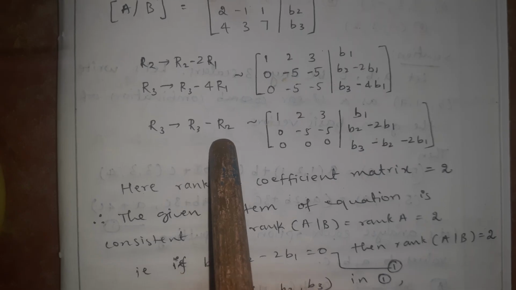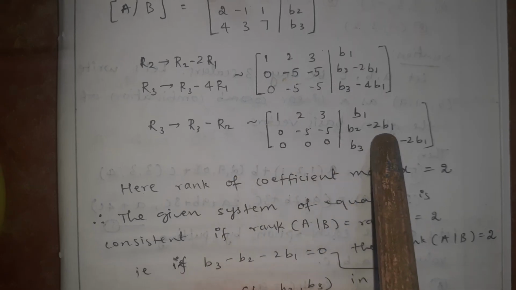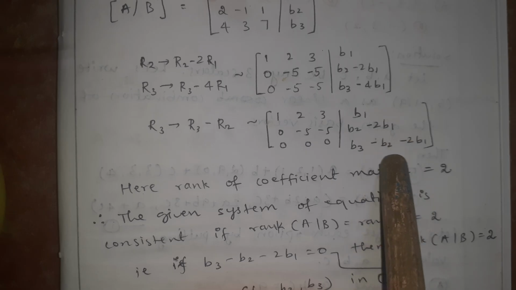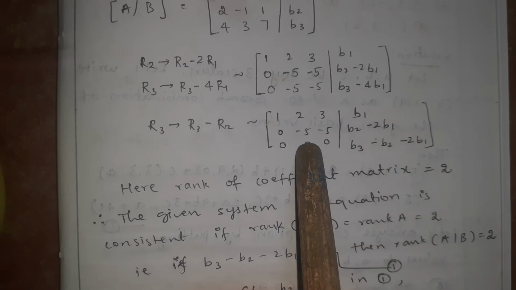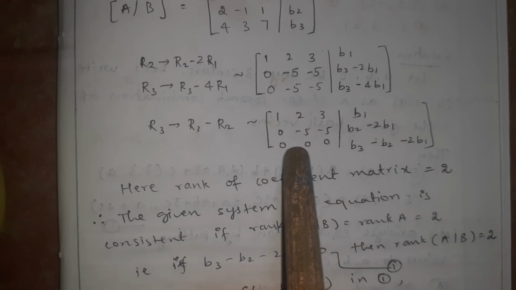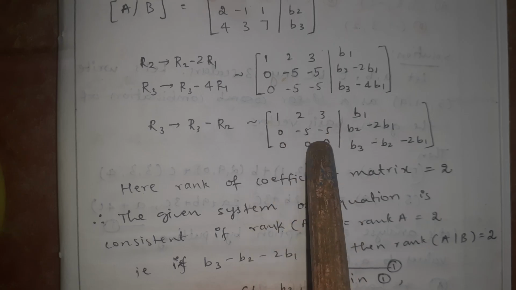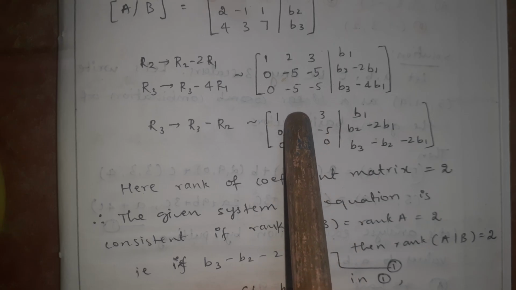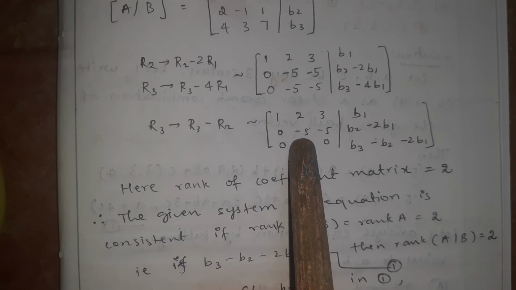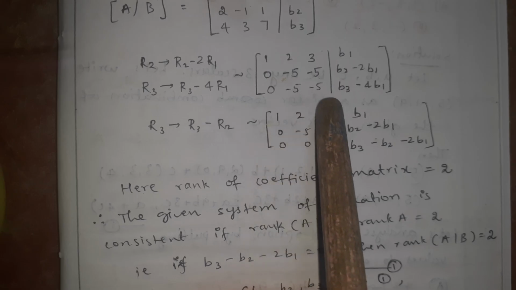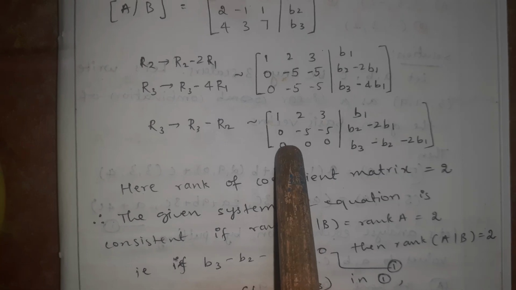And R3 changes to R3 minus R2. So the last column will be B1, B2 minus 2B1, B3 minus B2 minus 2B1. So in the coefficient matrix after elementary row transformation we got the last row completely 0, and the maximum number of linearly independent rows is 2. Therefore the rank of the coefficient matrix is equal to 2.